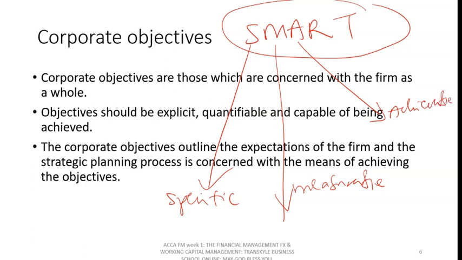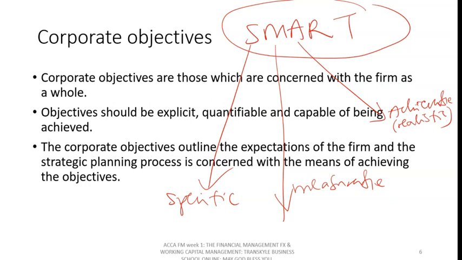Okay, it should be achievable. That is realistic. We do not want an out of this world objective, something that needs angels from heaven to meet or to sustain. All right.